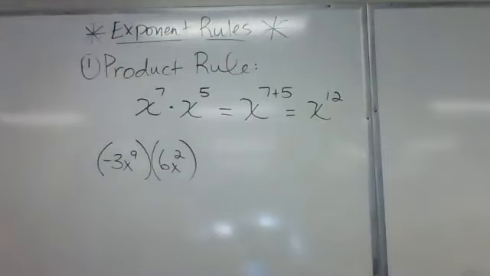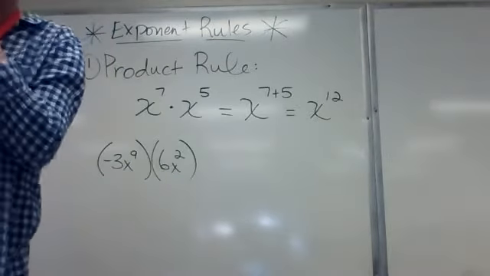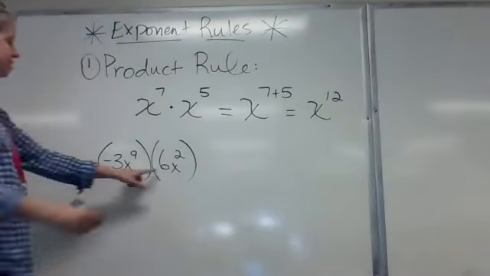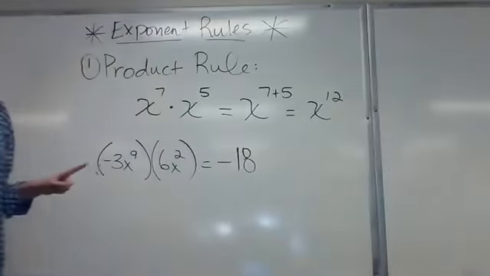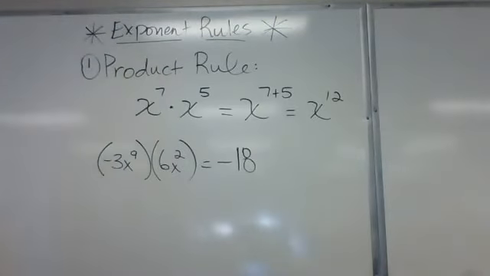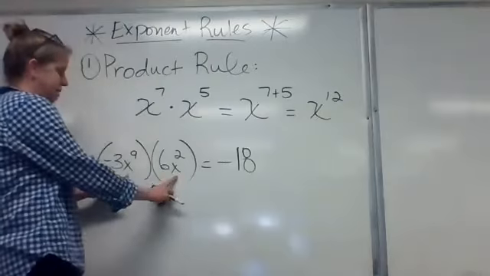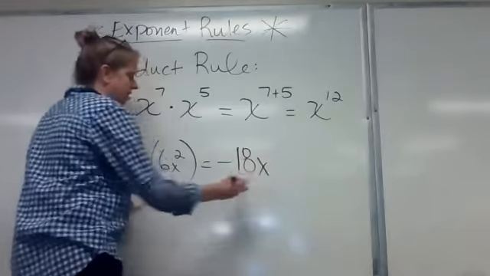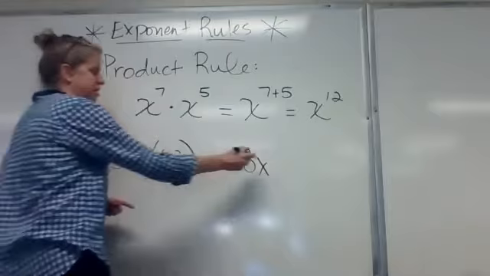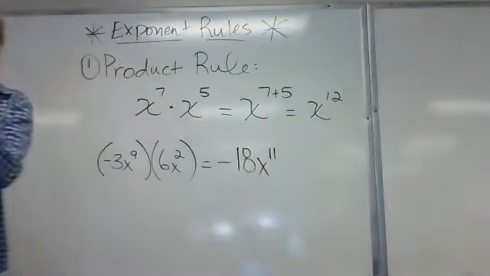They deal with nothing else but exponents. So -3 times 6 is still -18. Since I'm multiplying same bases, when I multiply these terms together, I can just rewrite that as x, add my exponents to get 11.